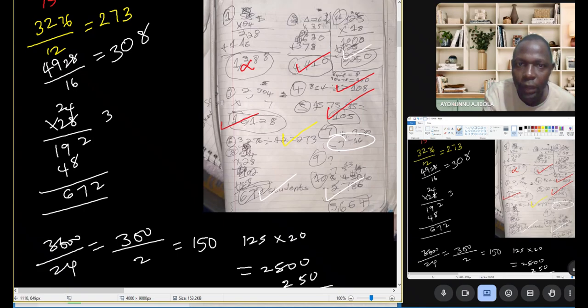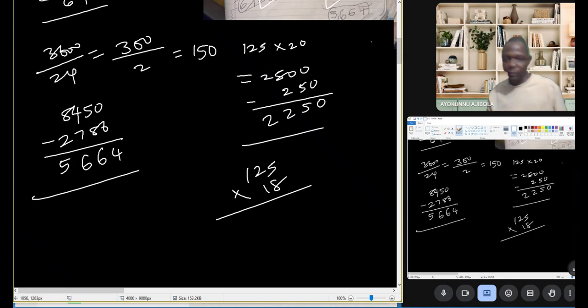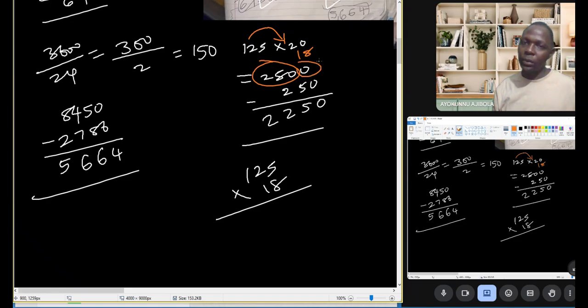Okay, 2250. How did I get my 2250? By just doing times 20, since you already knew the answer, but you just needed to subtract 250 instead of doing times 18, right? Yeah. I did times 20 because I can easily multiply by 2. You multiply 125 by 2, you get 250 and you put 0. Then you know that you added 2 extra instead of 18.